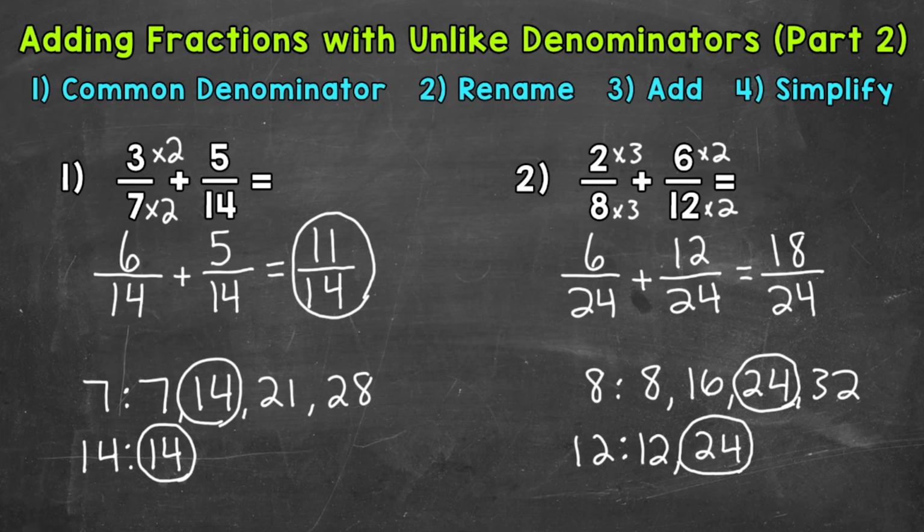So let's divide both by 6 in order to get the simplified answer. So 18 divided by 6 and 24 divided by 6. 18 divided by 6 is 3, and 24 divided by 6 is 4. So 3/4 is the simplified answer.